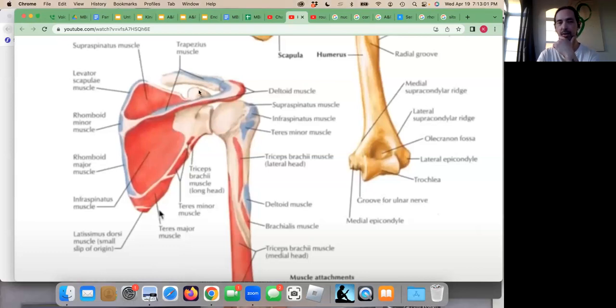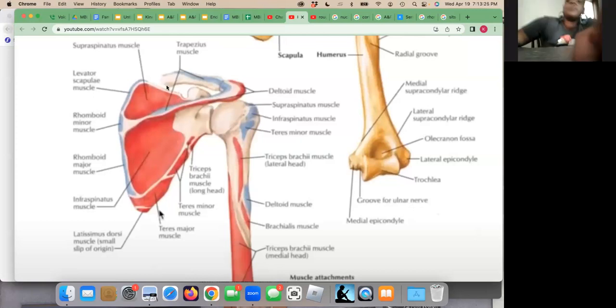Which muscle goes above the spine of the scapula? In addition to spinatus, there's two spinatus muscles. Would it have in its name superior or inferior, if it's above the spine? Superior. Yeah.